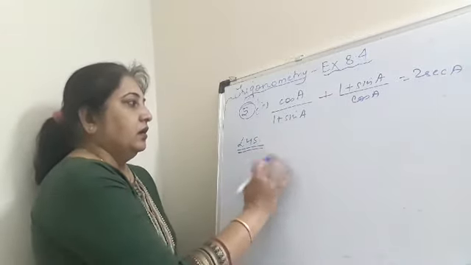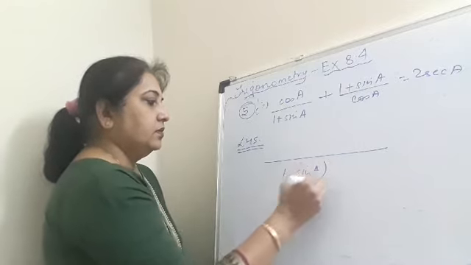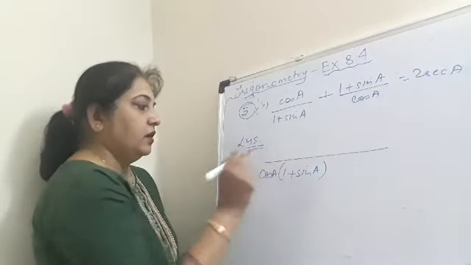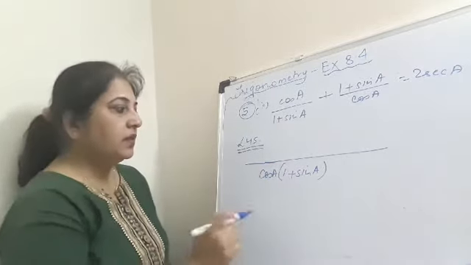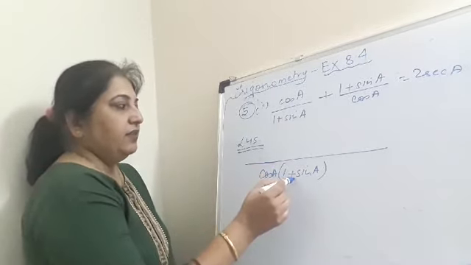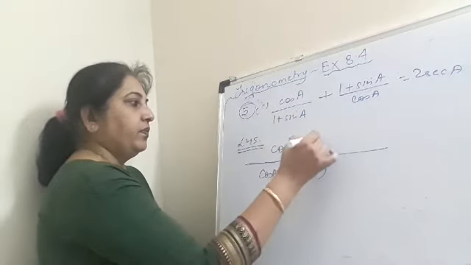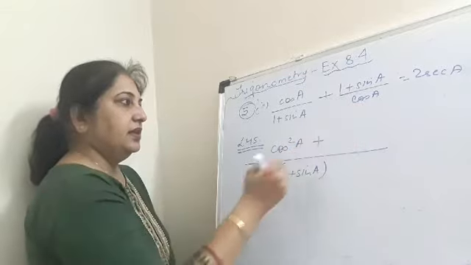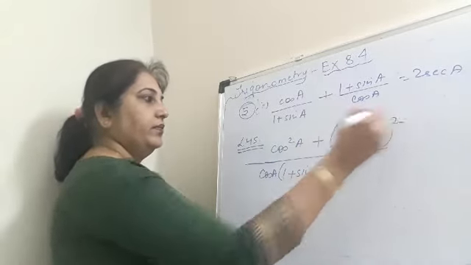We can see that the LCM will be cos A into 1 plus sin A. Then when I divide this by this, I'll get cos square A. And when I divide this by this, I get 1 plus sin A the whole square.